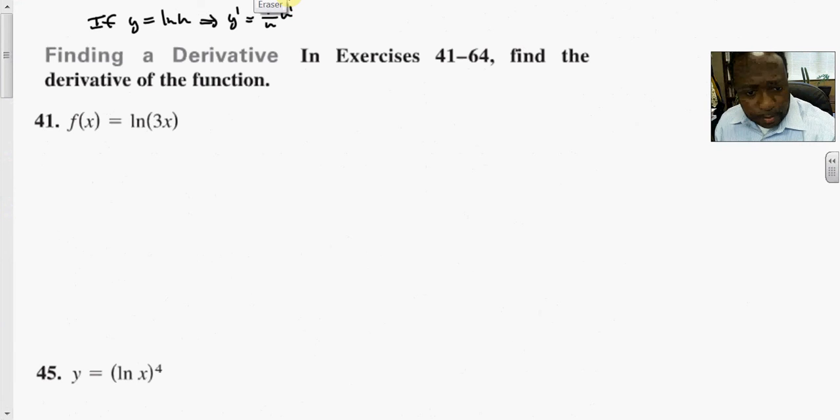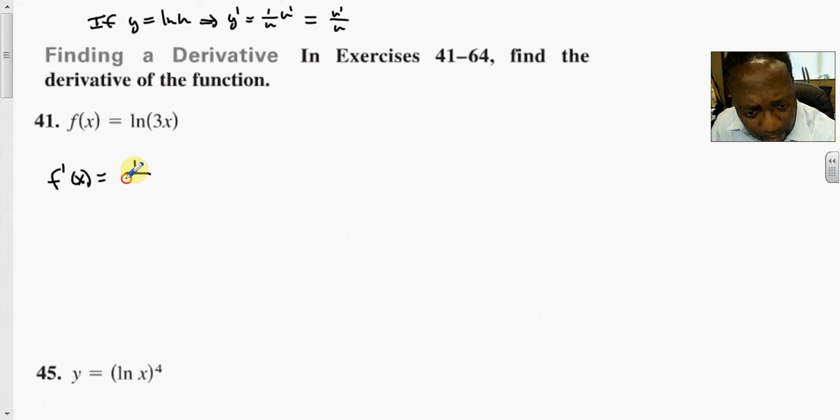Okay, and the book writes it like u prime all over u. So here, f prime of x is equal to 1 over 3x times the derivative of that 3x, which is just 3.